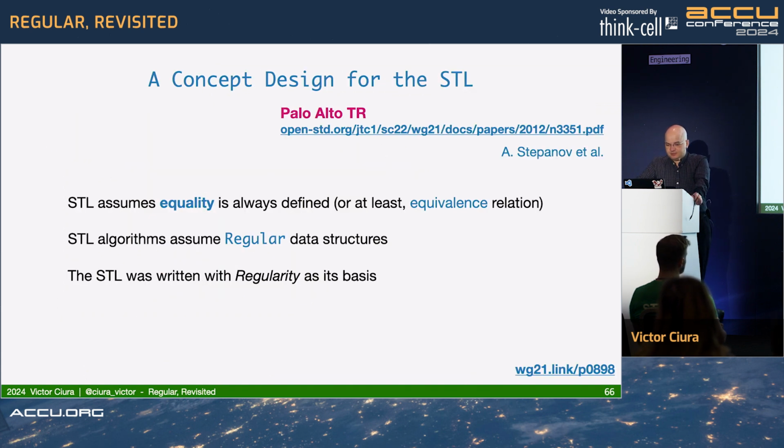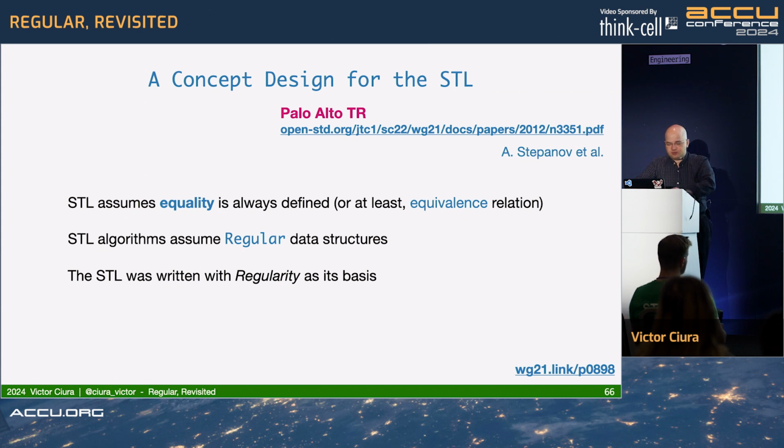So the STL, all throughout, and there was a very nice report a few years back, a sort of audit of everything in the STL at that time, and what assumptions are made about the things in there.